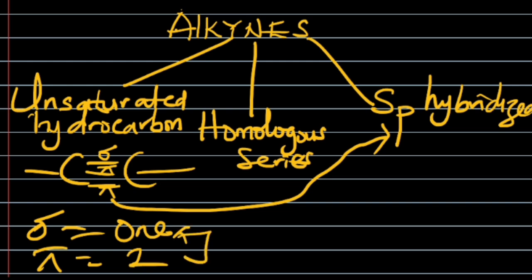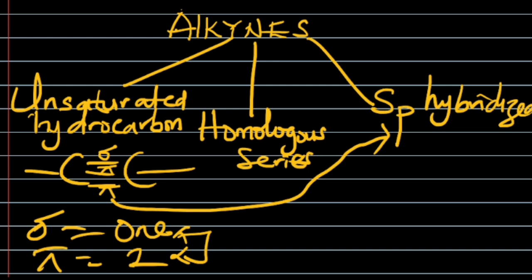So in case you are asked as an undergraduate how many pi bonds and sigma bonds alkynes contain, alkynes contain 1 sigma bond and 2 pi bonds.